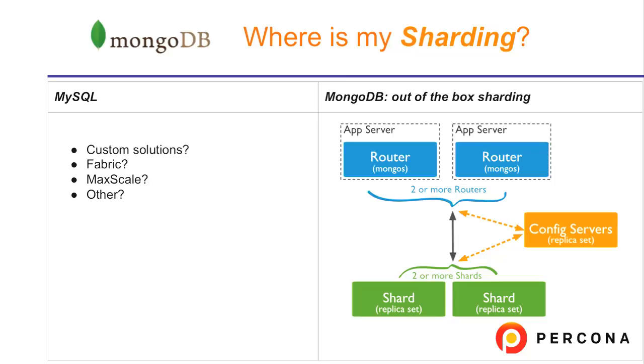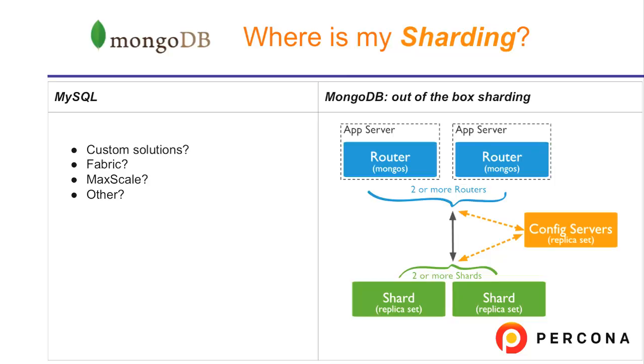By default, when you deploy all this and you create a database and a collection, it will not be sharded. It will be only on one shard. So you specifically need to tell it, shard this collection, and use this key as the sharding key. David will probably talk a lot about choosing a correct sharding key and increasing performance.